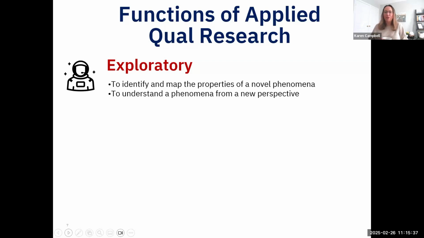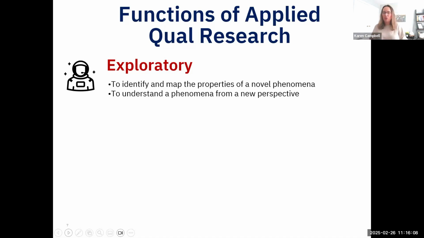Overall, the functions of applied qualitative research, and I would say that this largely applies to qualitative research, is exploratory. So do we want to look at something that's new, something that's novel, some sort of phenomenon that we just don't know enough about yet to really do good quantitative research, because we don't even know what constructs we need to analyze?